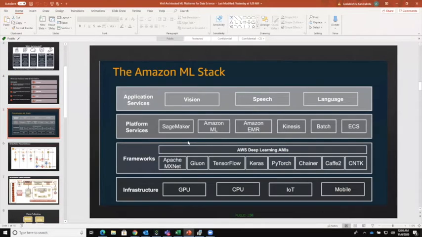Essentially, there is the Amazon ML stack. If you are familiar with it, that's fine. If you're not, it's important to at least find out what these are, because whether it's Amazon or something else, there will be a cloud platform. You will be using some of these things to be able to train and deploy.